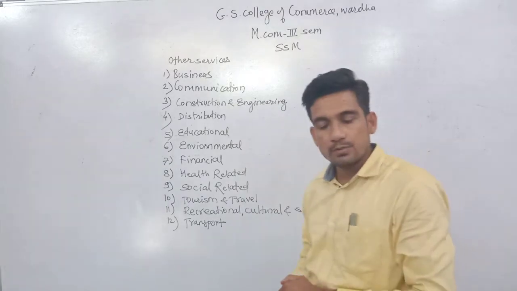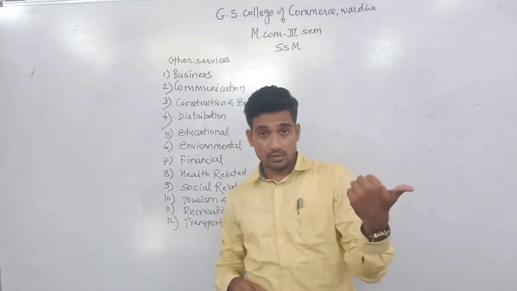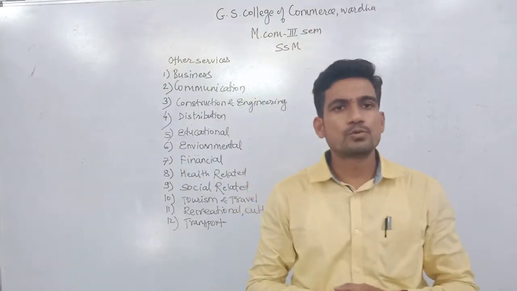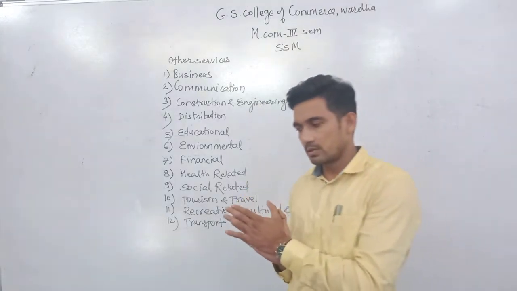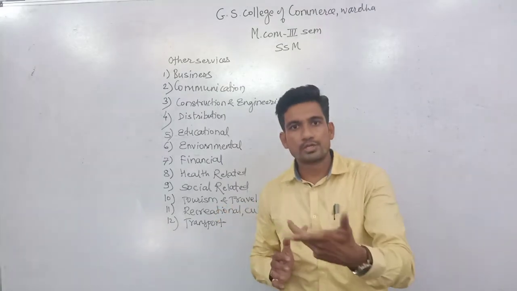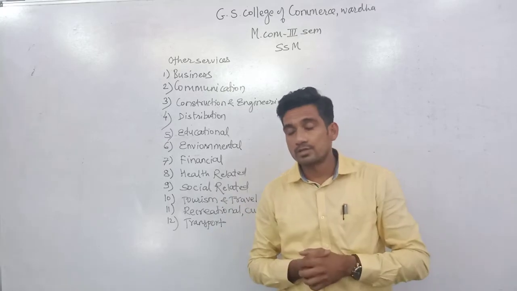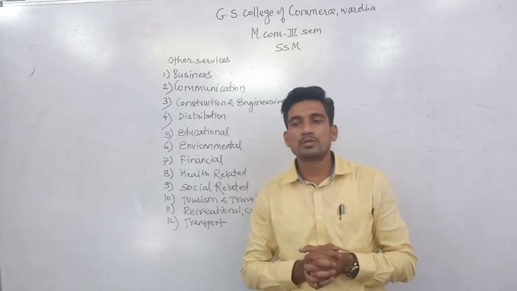Next, we will move to distribution. The example that I cited earlier about the courier agency is also an example of distribution. Or, for example, we generally go to ration centers, which you can see in villages.